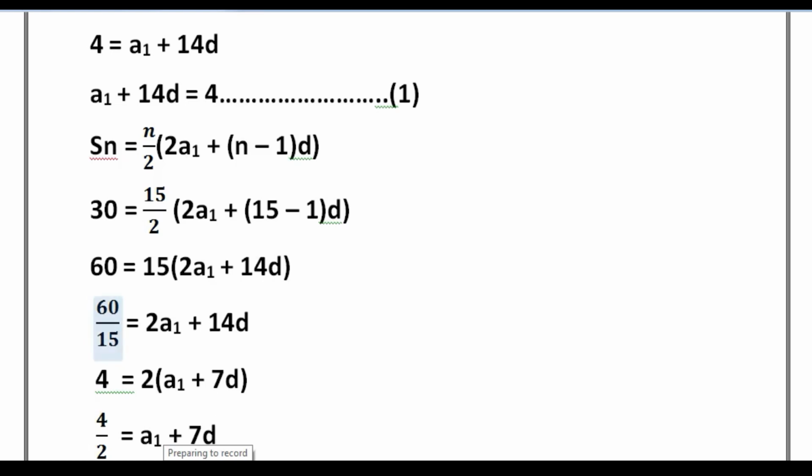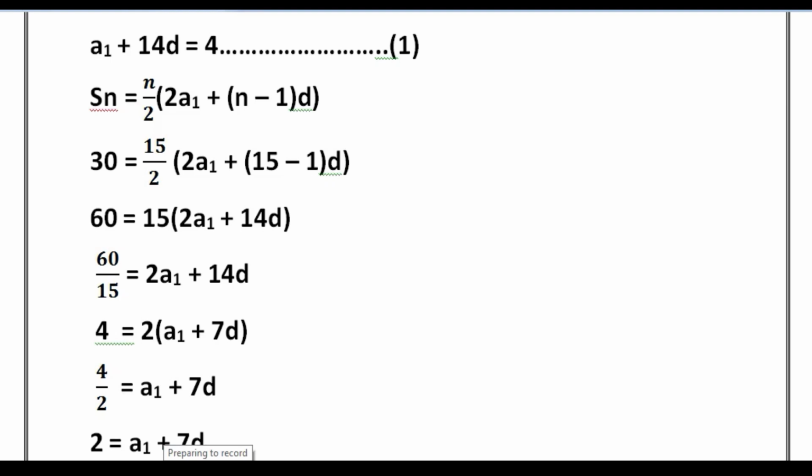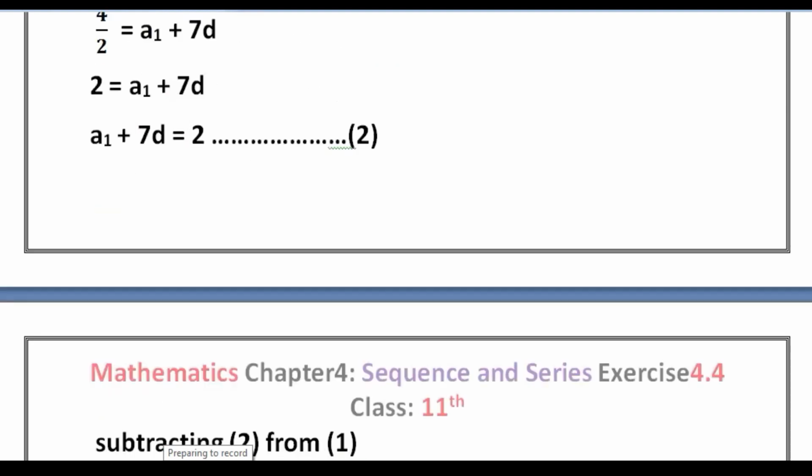So 4 is equal to 2 into a1, taking common 2 into (a1 plus 7d), dividing by 2 on both sides. So 2 times 2 is 4, 2 is equal to a1 plus 7d. So a1 plus 7d is equal to 2, that is equation number 2.